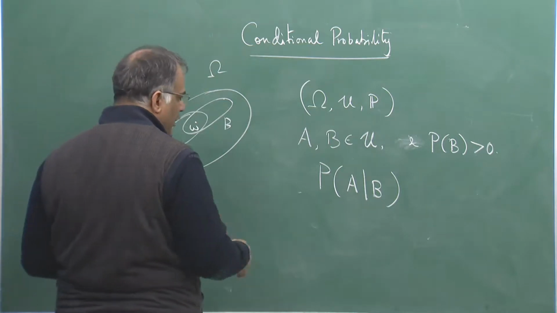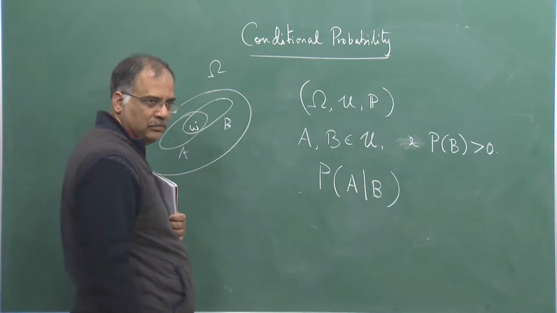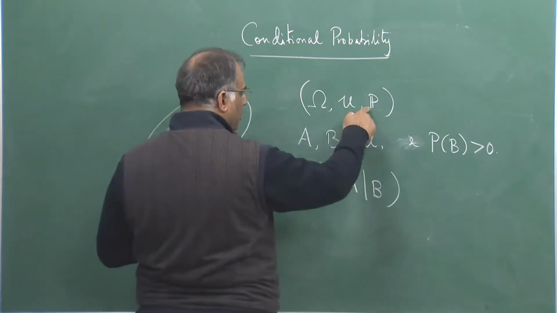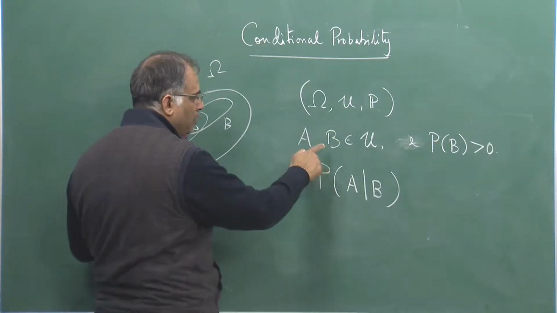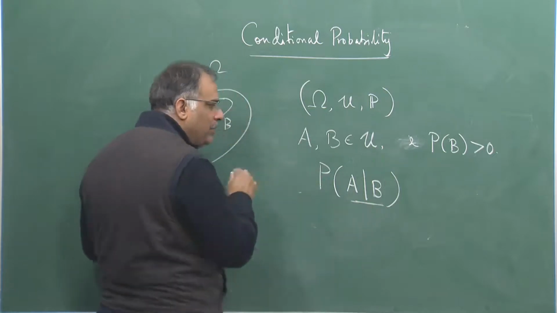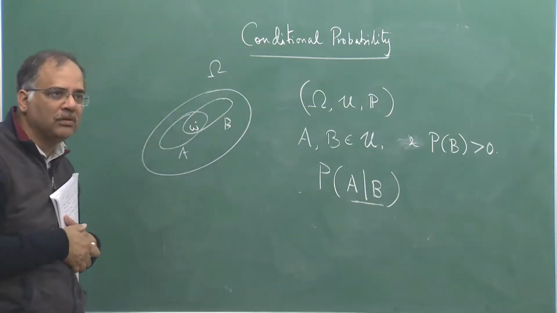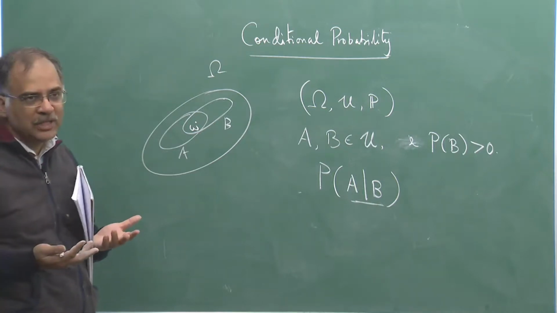Now if I want to define this probability, this is not the same probability as the one I have defined there, because that only talks about probability of events in U. But where does this event stand? Where is the sigma algebra? Where is the sample space for this?